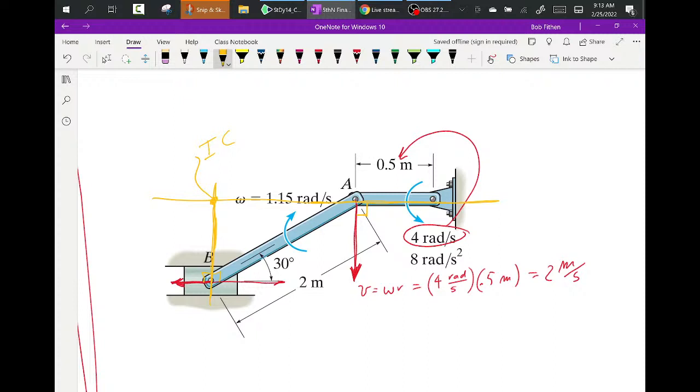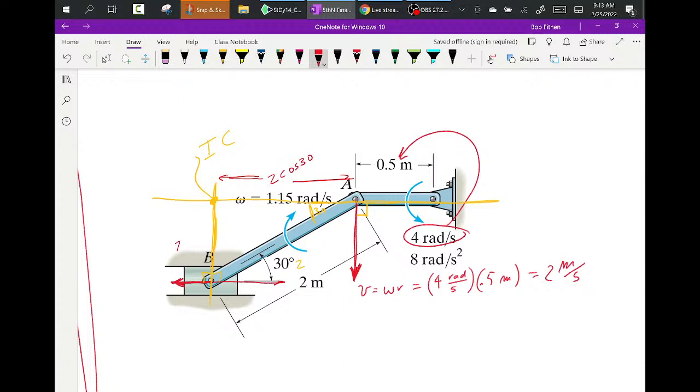Okay, so now we have an incredibly simple triangle. This is 30, this is 2, so this distance out here becomes 2 cosine 30.